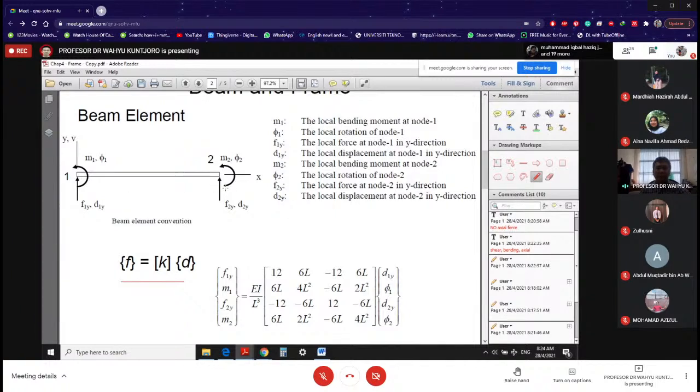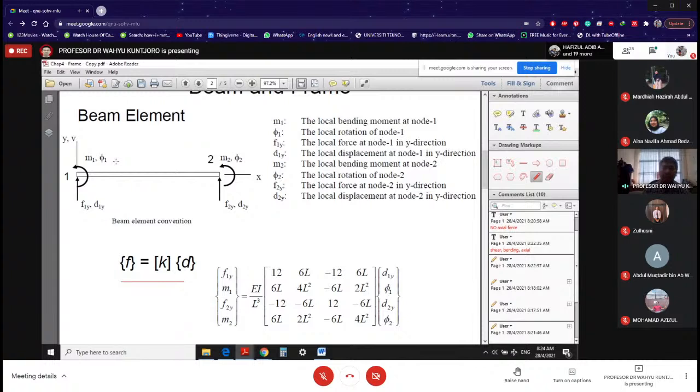And of course, you will have also the displacement. Because of this Fy, you are going to have dy, and because you have moment, you are going to have rotation. Remember, force will lead to translation and moment will lead to rotation.